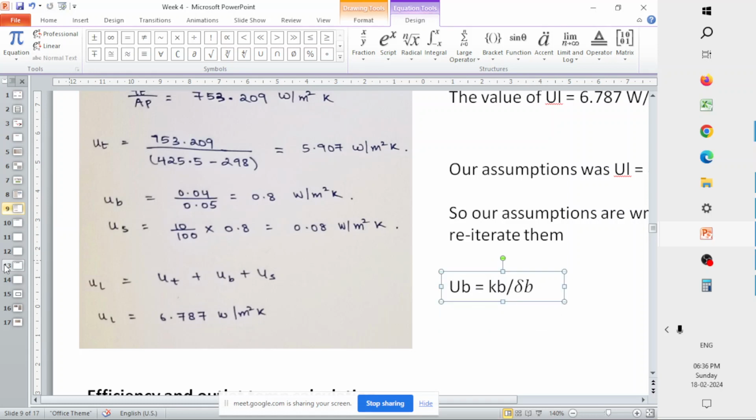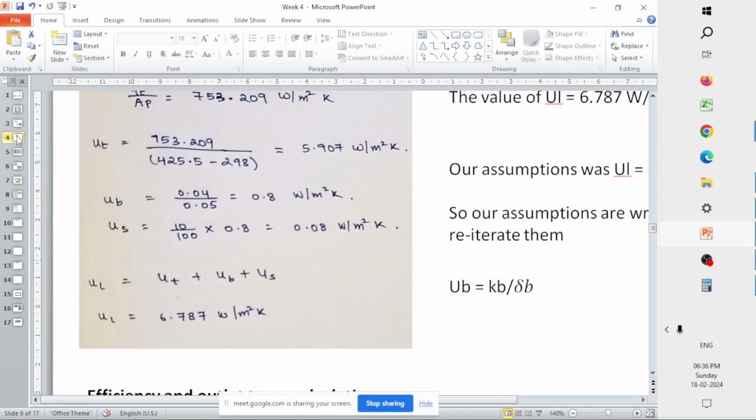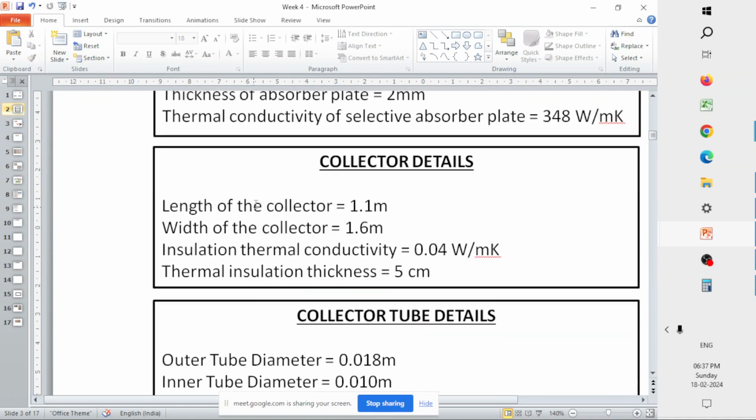As I said previously, the thermal conductivity of the insulating material is only 0.04, and delta B, the thickness of your thermal insulation, is 0.05 meter. So your UB will be 0.8, and we have seen that in the data.